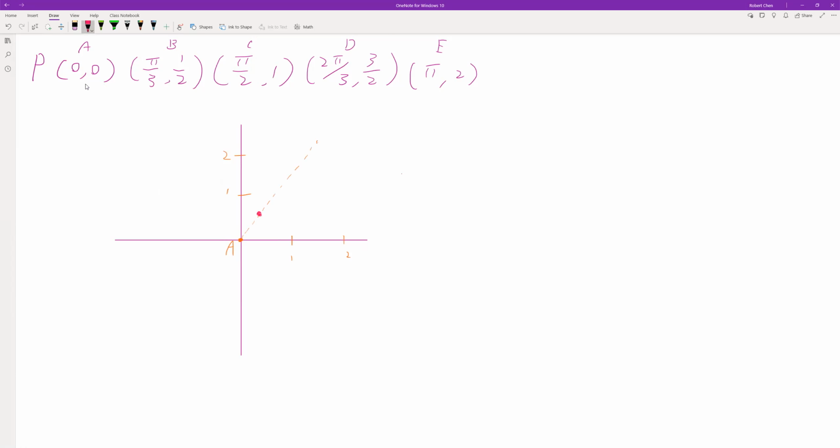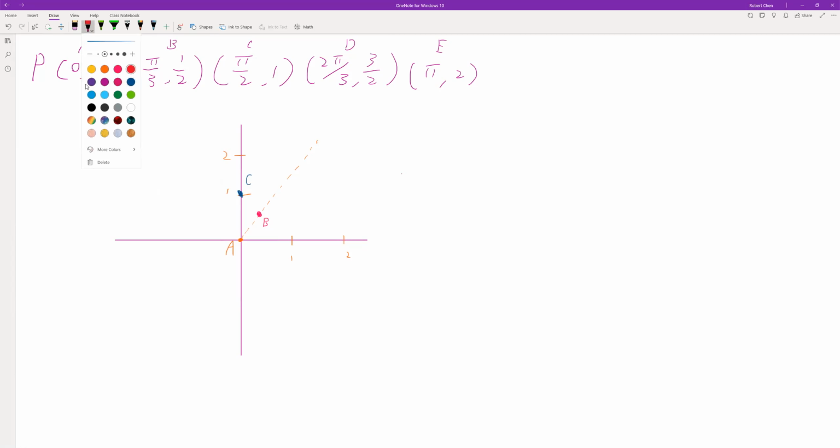Just give it a rough estimate. That's B. Next, we have pi over 2 and 1. Pi over 2 is very easy, 90 degrees, so on the y-axis and 1. There's your point C.